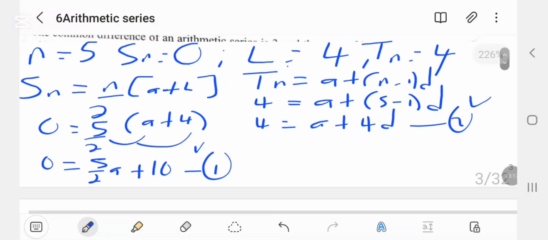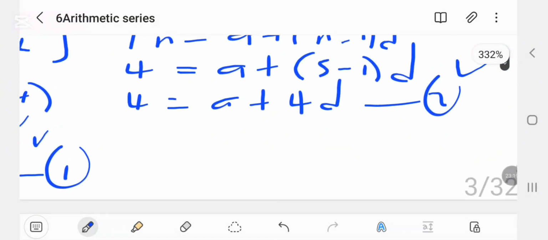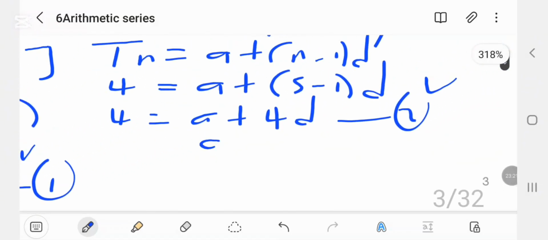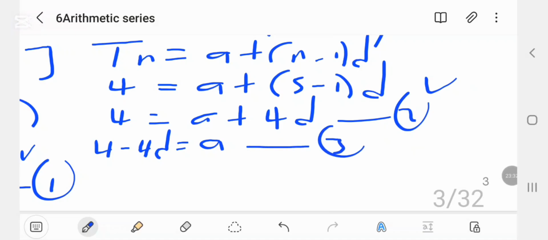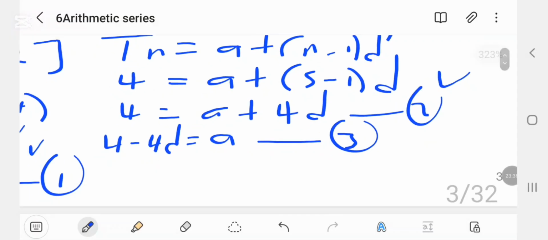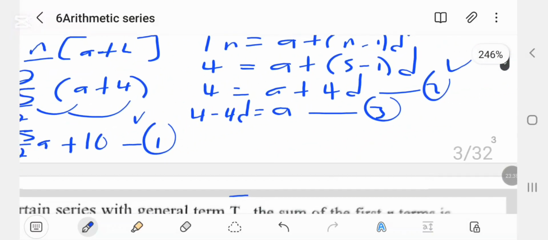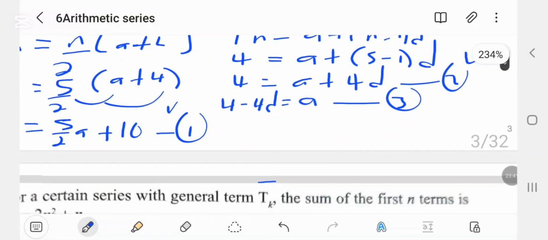Now, in equation 2, I make A the subject of the formula: A is equal to 4 minus 4D. This is equation 3. Let's substitute equation 3 into equation 1. If you don't have a problem with simultaneous equations, then we'll go quickly.